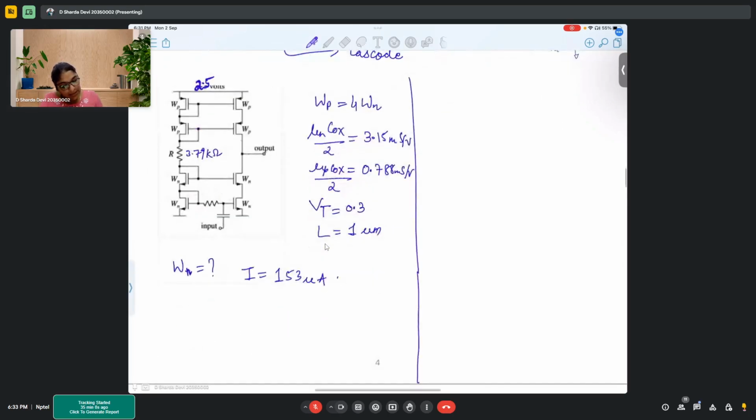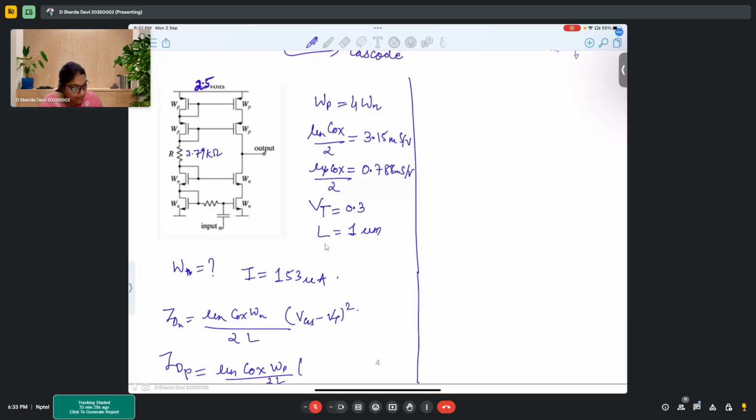So see, current through N-type MOSFET will be mu_n Cox Wn by 2L (VGS minus VT) whole square. IDP will be mu_p Cox WP by 2L (VSG minus VT) whole square.